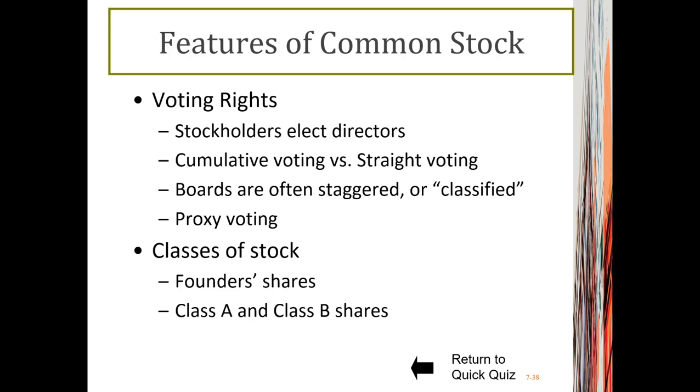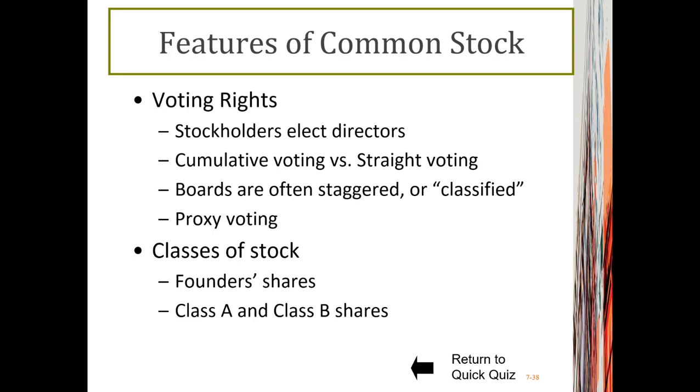A company typically will have many shareholders, and the shareholders will form the board of directors, and the board of directors has the authority to elect CEOs, CFOs, and other executives in a company. So a shareholder has voting rights to elect the board of directors, and the board of directors will pick CEOs and CFOs and make strategic decisions for the company.